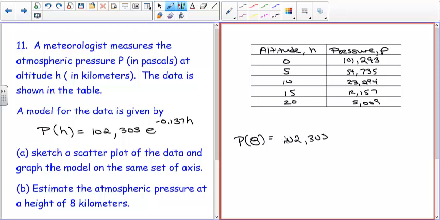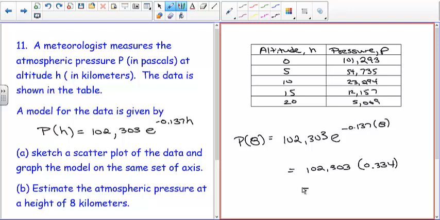So we're going to have 102,303 e to the minus 0.137 times 8. So if we take e to the negative 0.137 times 8, this thing here evaluated is 0.334.